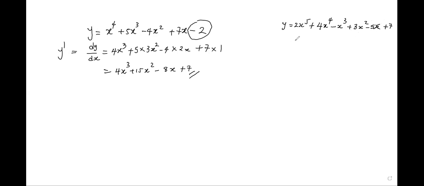Good. So do that one, and then the second one is going to be 12x cubed minus 21x squared plus 8x plus 3.